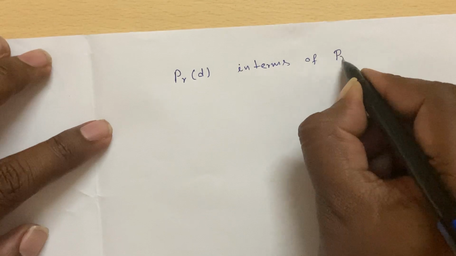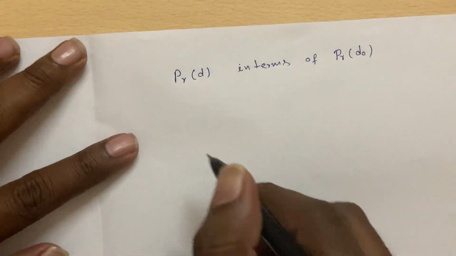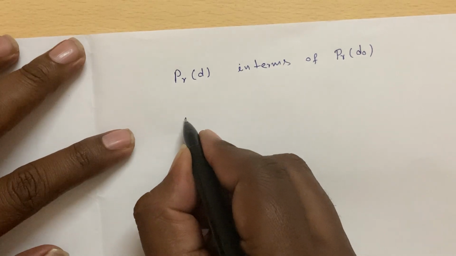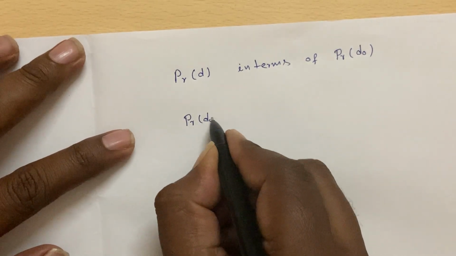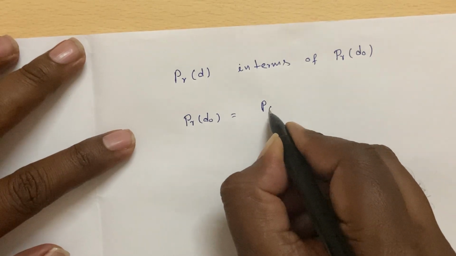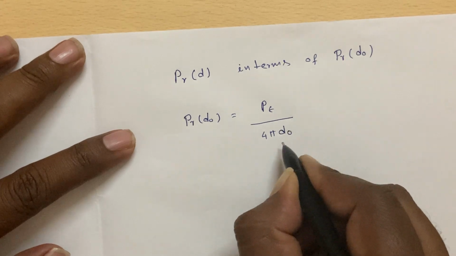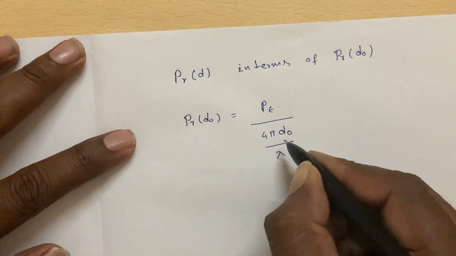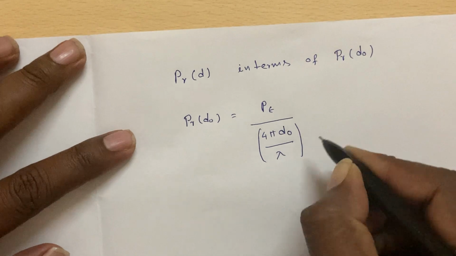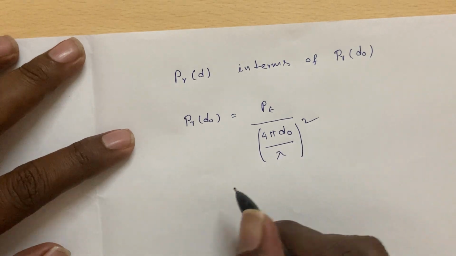What is the received power at a reference distance d naught? PR of d naught is equal to PT divided by (4 pi d naught by lambda) whole square. This is the received power at the reference distance.